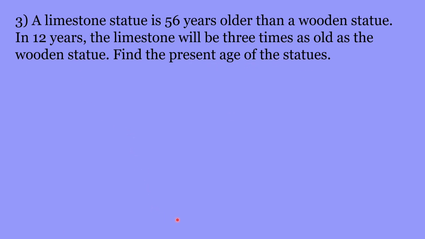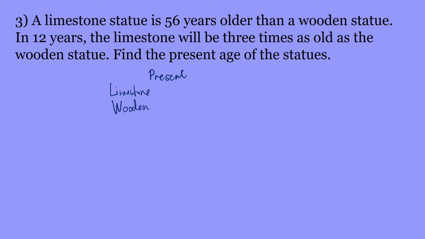Okay, now let us write first the representation of present ages. So, the present age of the limestone statue and the wooden statue. Let us assign L and W for that.